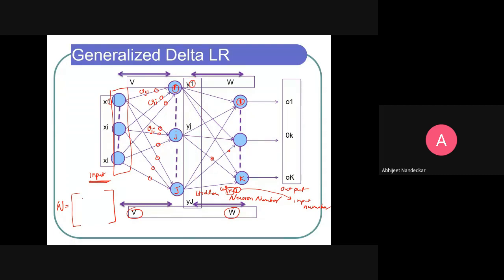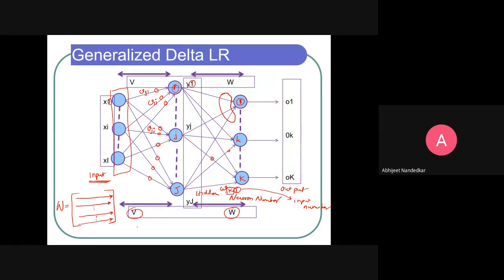Then we will write all the weights associated with this first neuron in the first row. Then for the second neuron I will write in the second row, like that. For the kth neuron I will write in the kth row, and so on up to the last neuron.